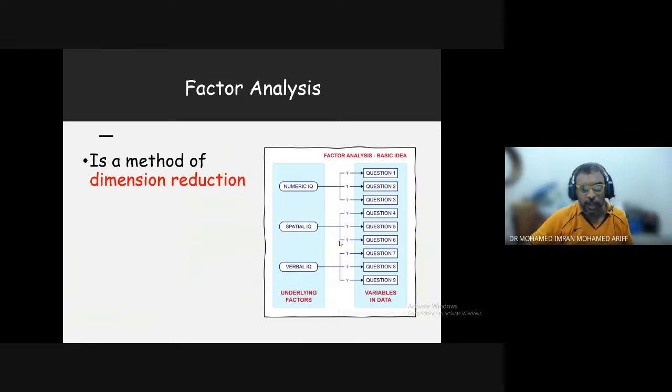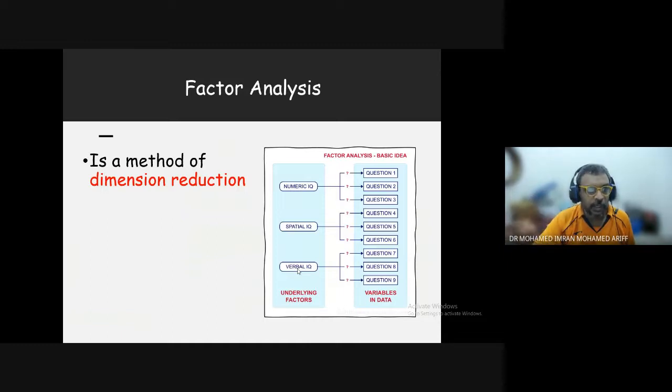Okay, so that is why when you run factor analysis, kita letak je soalan berterabur macam ni and let SPSS detect which question belongs to which category. If contohnya verbal IQ ni 7, 8, 9, bila you run your factor analysis dalam SPSS, if this question falls under verbal IQ, what does it mean? It means apa yang kita fikirkan sama dengan apa yang responden fikirkan. Okay, we want to test verbal IQ.